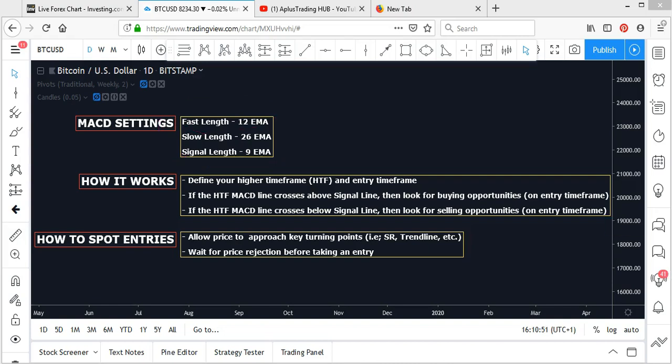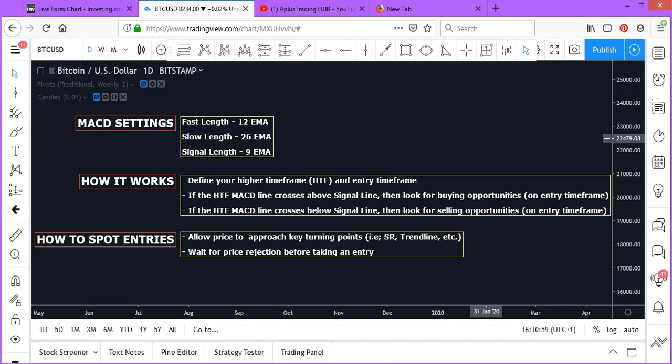So this is how this MACD entry concept works. First of all, before you use it, you need to define your higher time frame and your entry time frame. Like for me, I'm a swing trader. My higher time frame is the daily time frame, and my entry time frame is the 4-hour time frame. And for the purpose of this tutorial, I'm going to use that too.